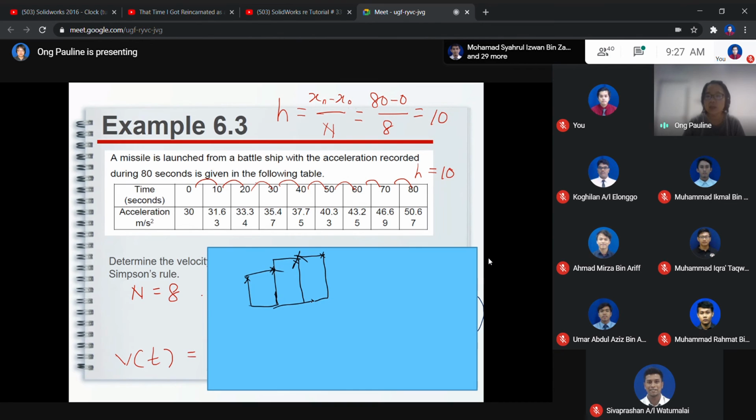So to get 1 segment, you need to have 2 points. To get 2 segments, you need to have 3 points. So 1, 2, 3, only then you can get 2 segments. And if you want to get 3 segments, I need to have 4 points here. So 1, 2, 3, 4.